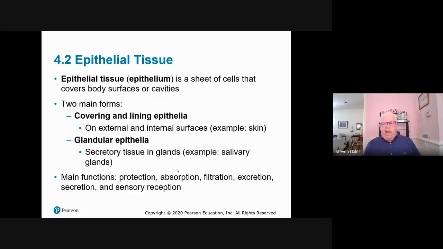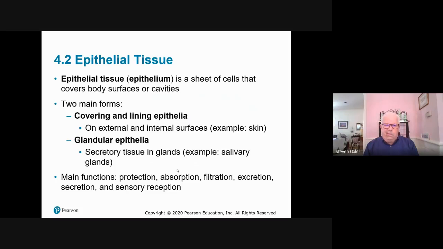All right, epithelial tissue. Epithelial tissue is a sheet of cells that cover body surfaces or cavities. There are 2 main forms: covering and lining epithelium, which is on the outside and inside surfaces, and the typical example of that is the skin.